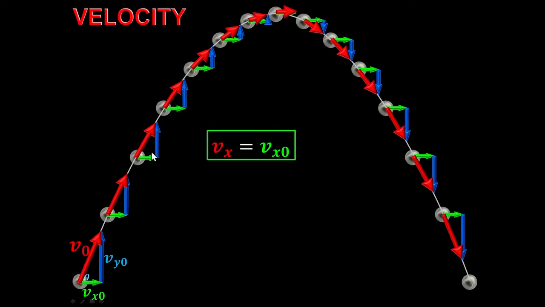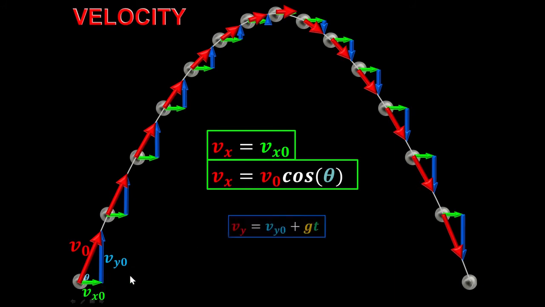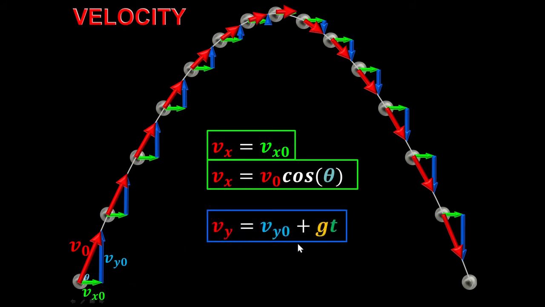But whatever its velocity is at any instant here in the horizontal direction, it will be the same as what it was when it was initially shot. It maintains that velocity as it flies through the air horizontally. So we can calculate what that is going to be by finding the component here. And then the velocity in the y direction, it was accelerating, and so it's just initial velocity plus acceleration times time.